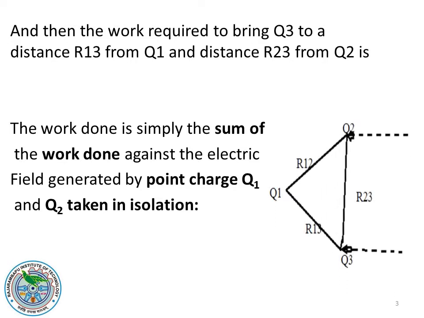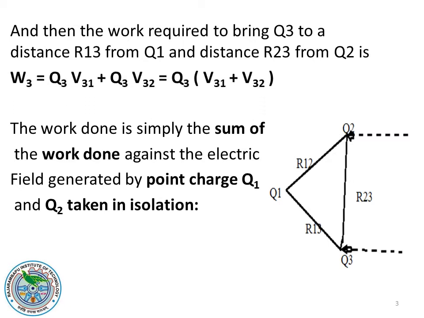Now, the work required to bring Q3 to a distance R13 from Q1 and distance R23 from Q2 is W3 equal to Q3 V31 plus Q3 V32, taking Q3 common, Q3 into (V31 plus V32), where V31 and V32 are electrostatic potential at point R3 due to Q1 and Q2 respectively.